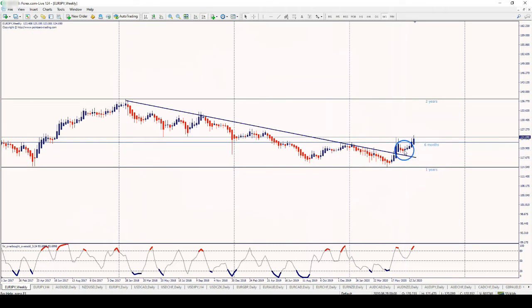You see it? So now that it's bouncing off this level, we can assume that price wants to go higher. It may retest this level again. After it breaks through this level of resistance that turns into support, there's a good chance that price may bounce higher and continue up, back to retest this level right here of resistance, right?